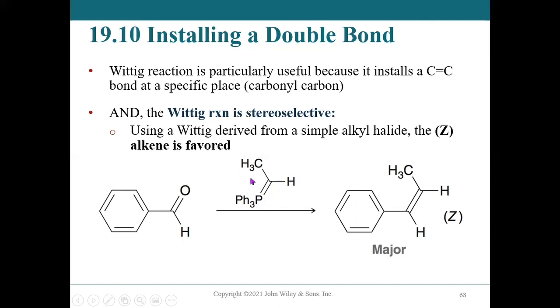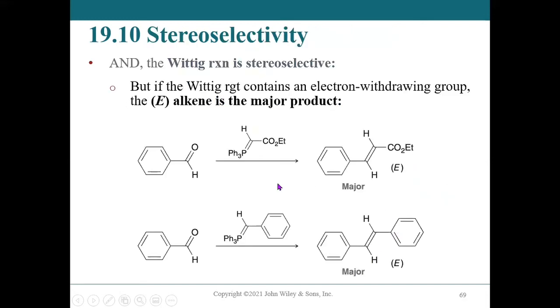We cut this double bond, and the O is cut off, so we have this C=C double bond. Because on both carbons there are different atoms, we have the larger methyl and the larger phenyl on the same side of the double bond. Those kinds of structures are Z isomers, and this will be the major product.